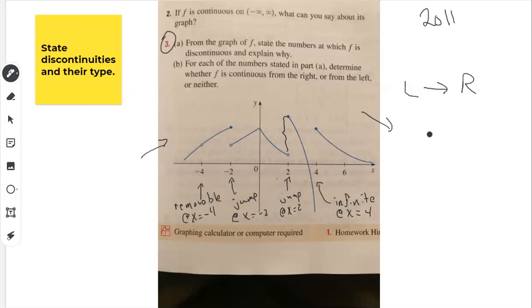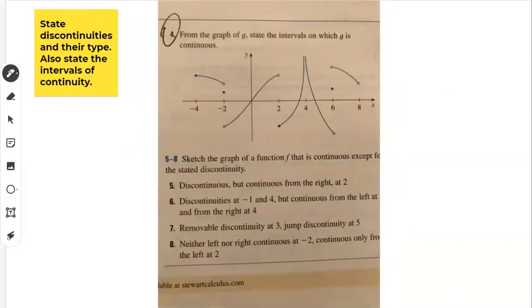There's the removable, where you just pick out a point. There's a jump discontinuity, where the function actually jumps down or jumps up. And then there's the infinite discontinuity, where the graph has a vertical asymptote at x equals 4. So that's very interesting. Good question from my textbook. I like that. I never thought I'd be using it to teach, though.